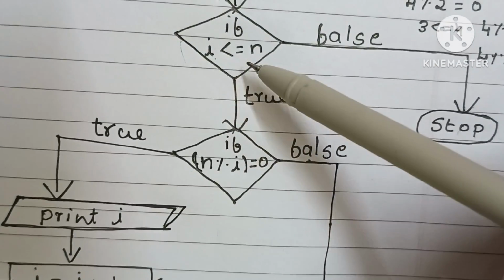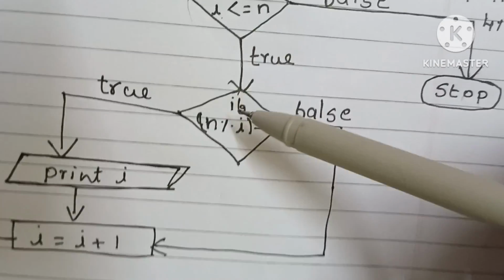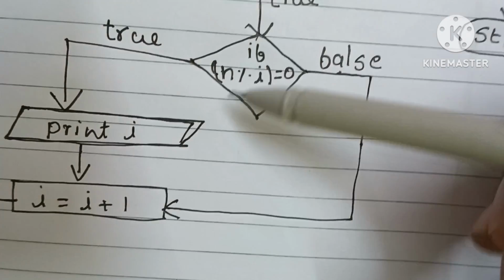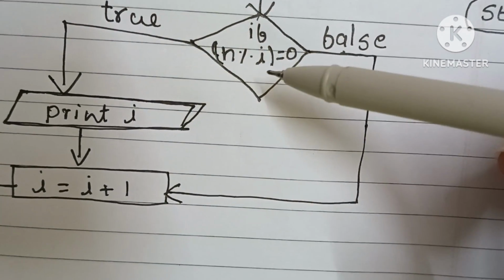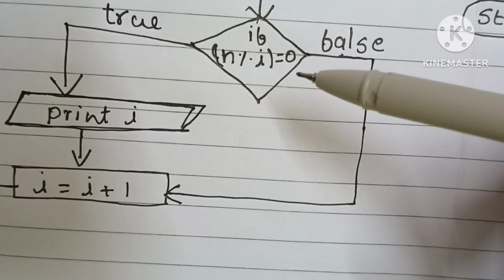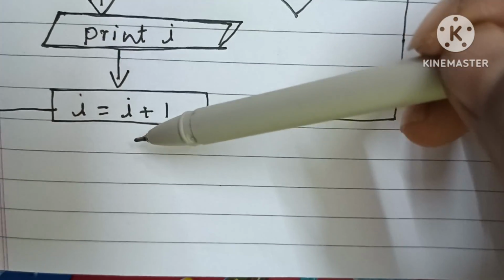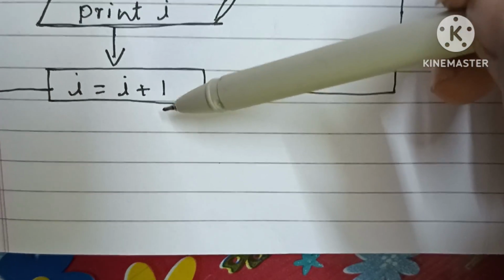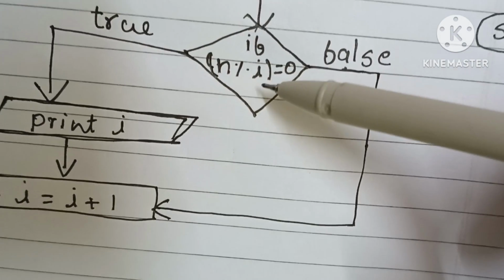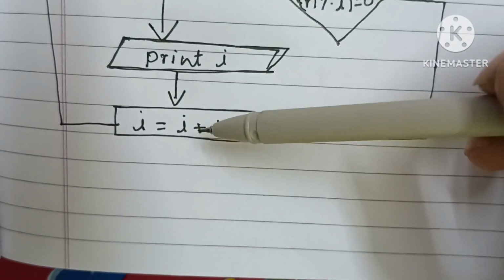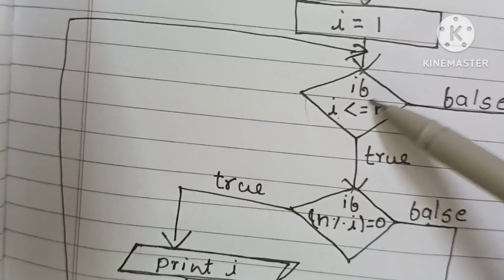If the I value is less than or equal to n, if this condition is true, it will check if n modulo I is equal to 0. If this condition is true, it will print the value of I and increase the I value, I is equal to I plus 1. If n modulo I is false, it will just calculate I is equal to I plus 1 and go to check it.